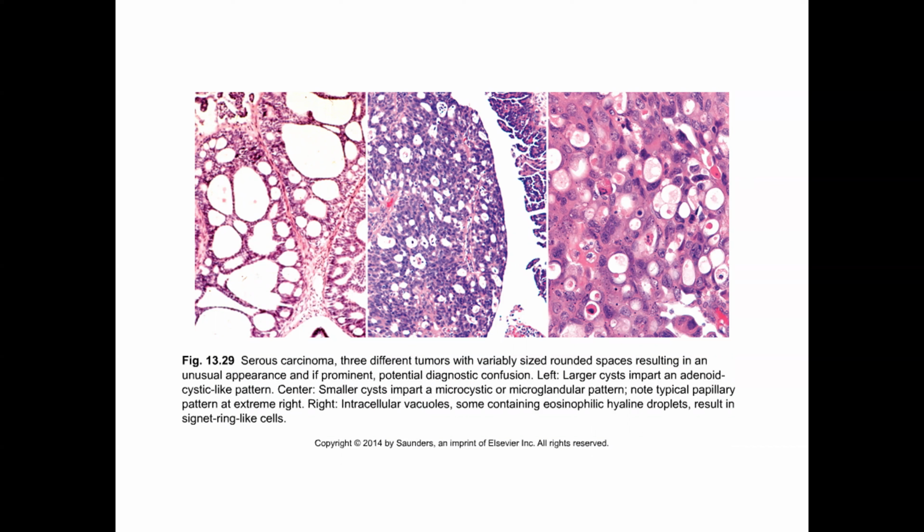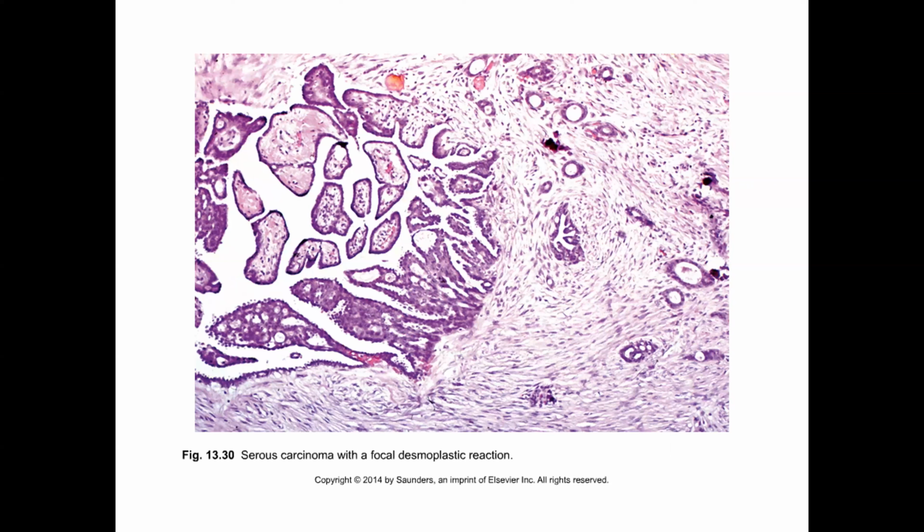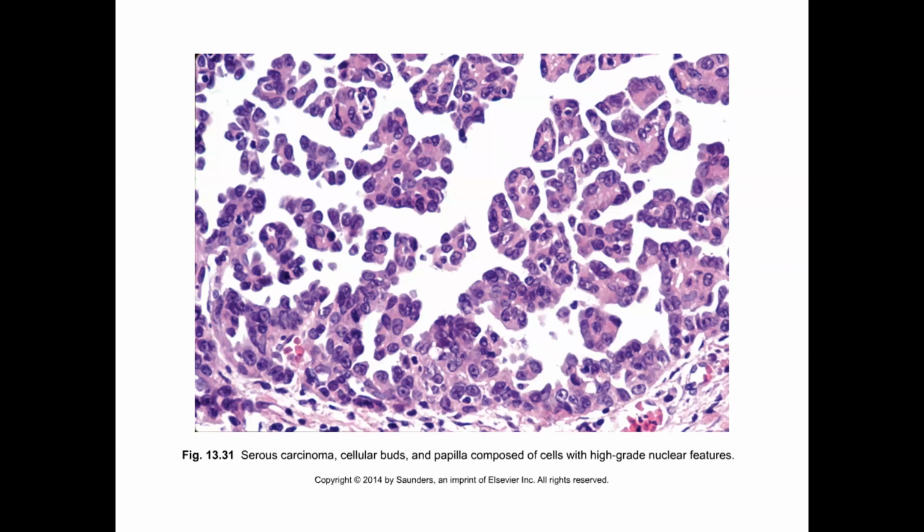And if you look hard, you might even see a few hyaline droplets here. And this would not necessarily dissuade one from calling it serous or confusing it with clear cell carcinoma. Here's another pattern with desmoplasia type of reaction, similar to what we saw there with the low-grade serous borderline tumors, but can also be seen in frank serous carcinomas.